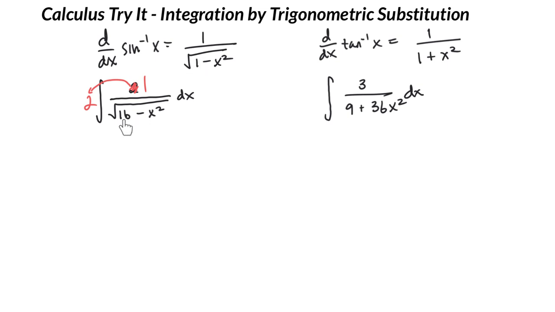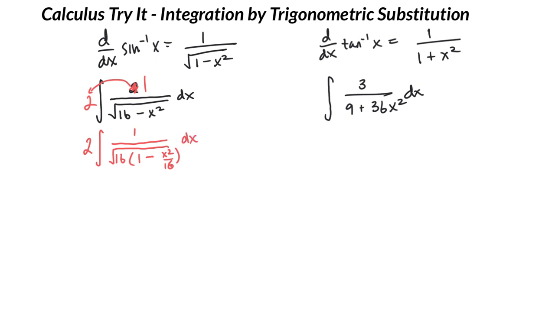So the way I'm going to accomplish that is I'm going to factor a 16 out. So I'm still going to have that 2 out front. I have a 1 on the numerator now, square root. I'm going to bring the 16 out, and I will have 1 minus x squared over 16, like that.